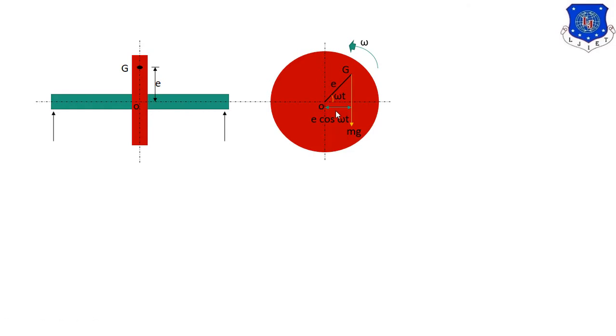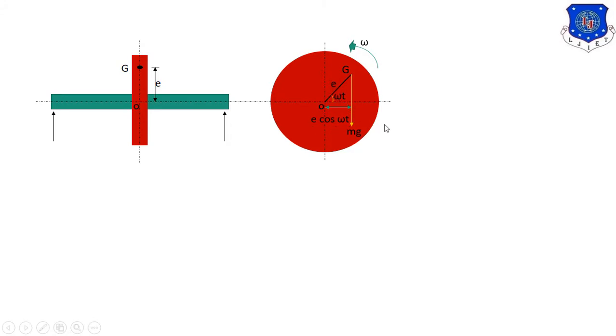How is it so? As we all know, this CG is at angle theta, and theta is equal to omega into t, because omega is angular velocity and t is time, and we have discussed this many times during our lectures. So here the angle is omega t. If we consider this horizontal distance, it completely depends upon omega t, and the value at this instant is e cos omega t.